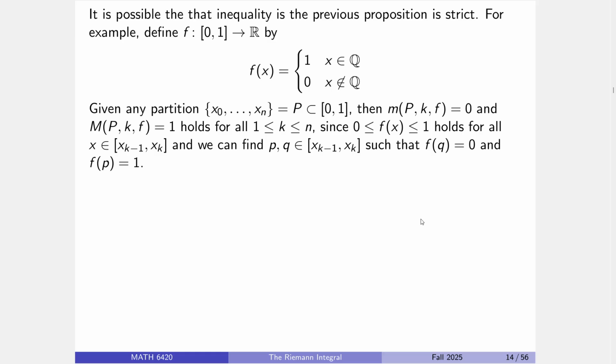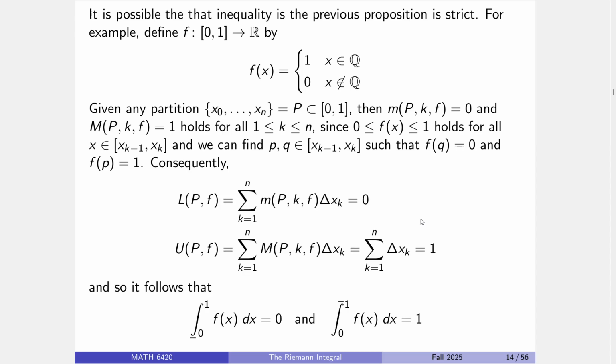For any partition, the infimums will all be 0, because you can always find a rational number in between any two real numbers, and similarly the sups will always be 1, because you can always find an irrational number between any two real numbers. So the lower sums always add up to 0, the upper ones always add up to 1, so the lower Darboux integral is 0, and the upper Darboux integral is 1.